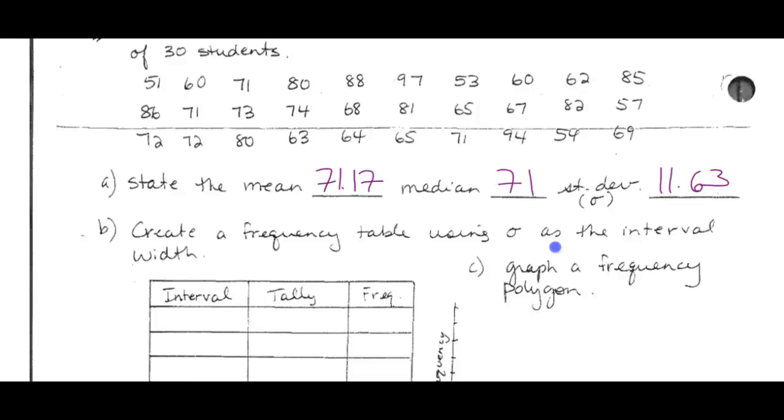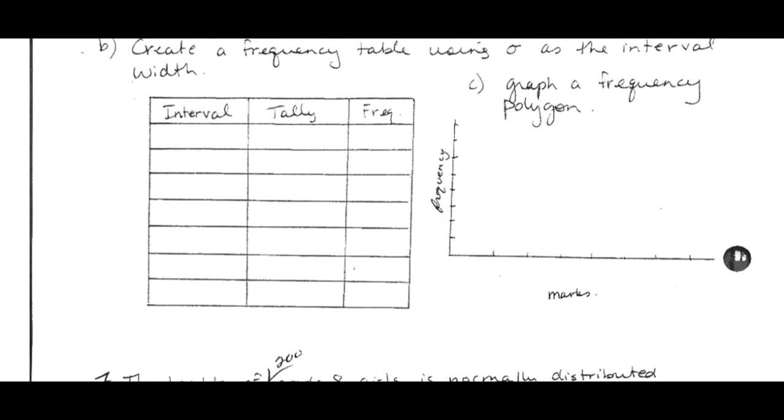Looks like 51, right? What's the highest mark? 99. So we need to go from 50 to 100, right? Okay, so we're going to set this up, and we will go from 50 to 60, 60 to 70, 70 to 80, 80 to 90, and 90 to 100.